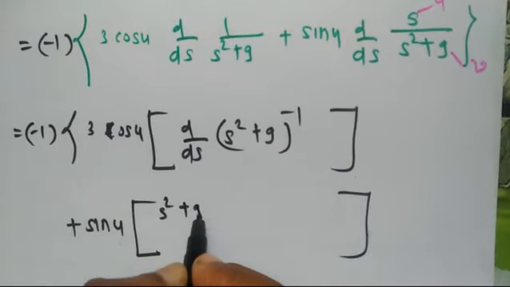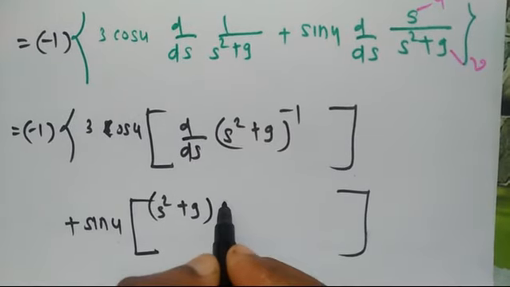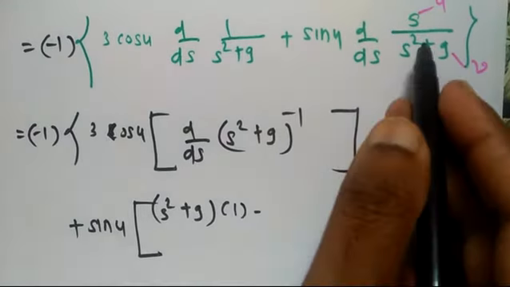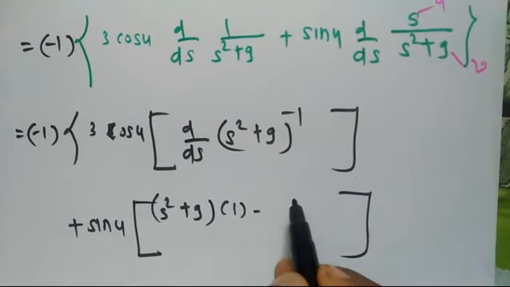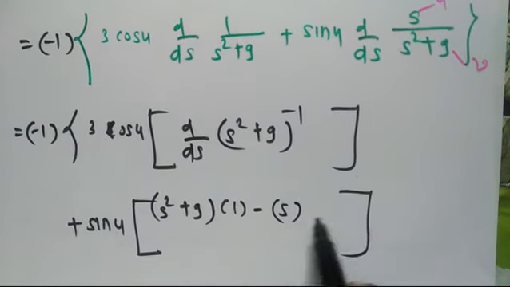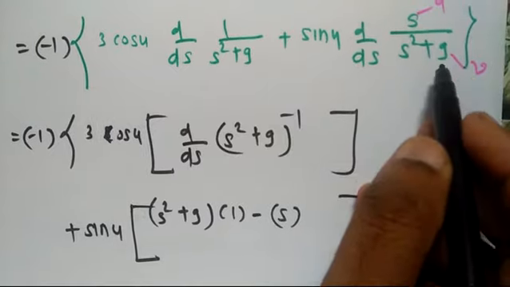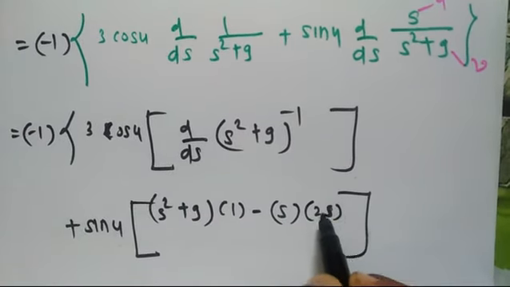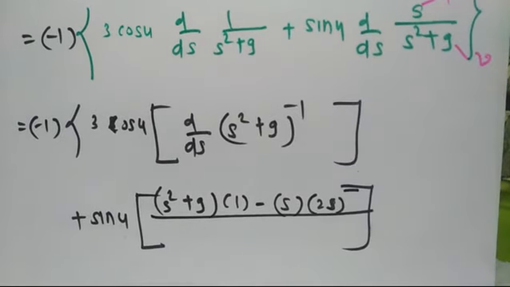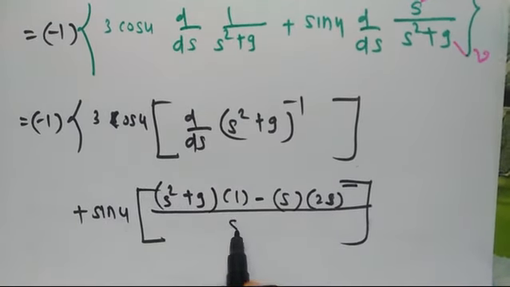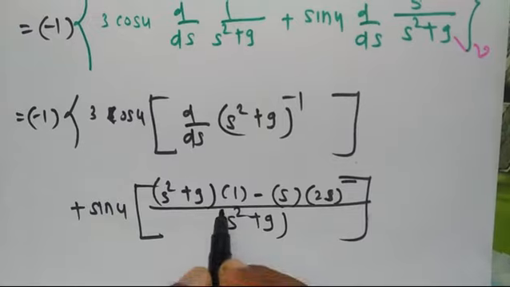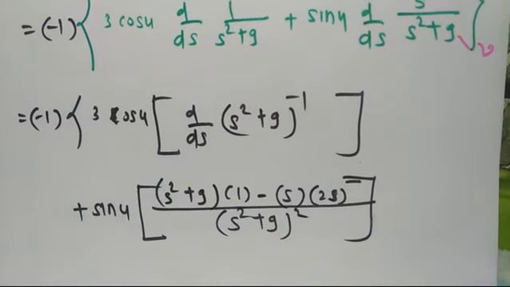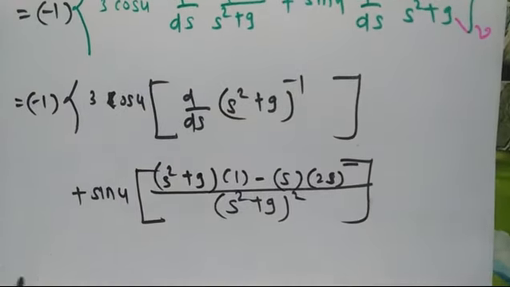V as it is, s square plus 9 as it is, derivative of u, derivative of s with respect to s is 1, minus this s as it is, u as it is, derivative of v, derivative of s square is 2s and derivative of 9 is 0, divided by v square, that is s square plus 9 bracket square. Okay, is it clear everyone?